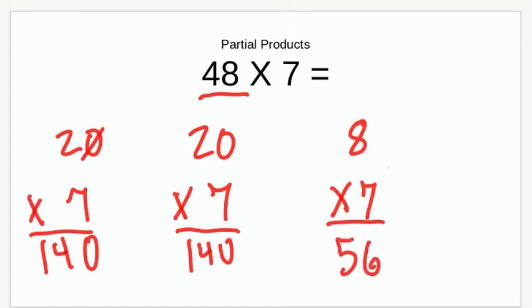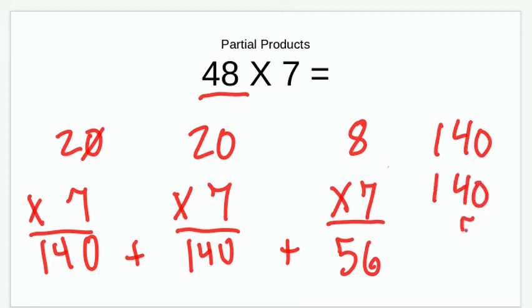Now these are all my parts. I got to put them together to get my whole product. So 140 plus 140 plus 56. And in the ones place, I have zeros and I have a 6. So that 6 just comes straight down.